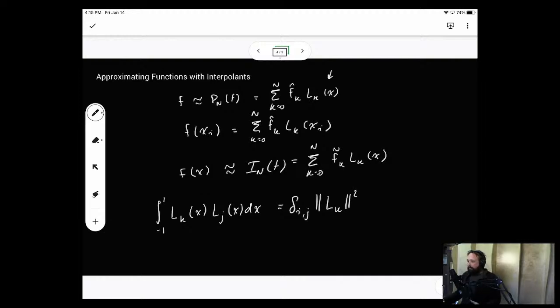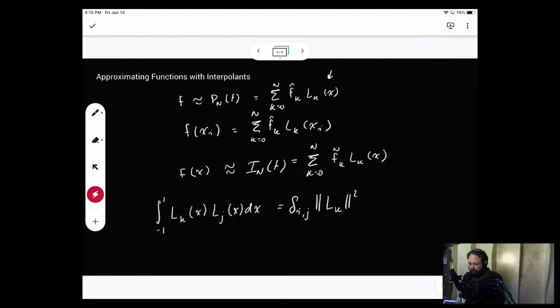In other words, if I want to calculate those f hat k, I can just multiply by L j of x and integrate from -1 to 1, and then I get a system of equations that allows me to back out those f hat k.